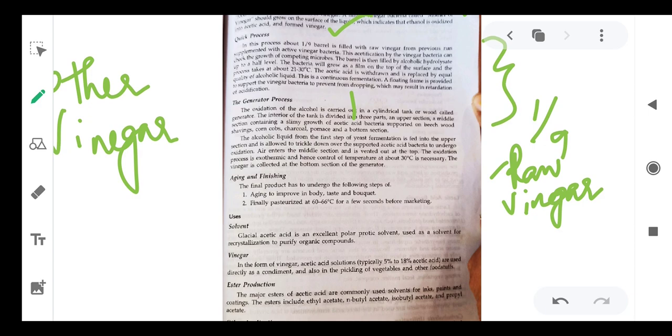The barrel is then filled by alcoholic hydrolysate up to half level. So half level alcoholic hydrolysate is there, right?